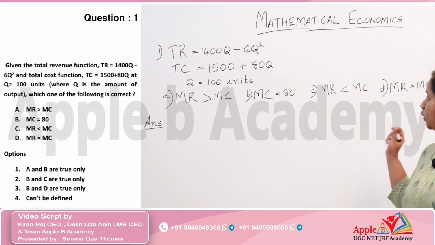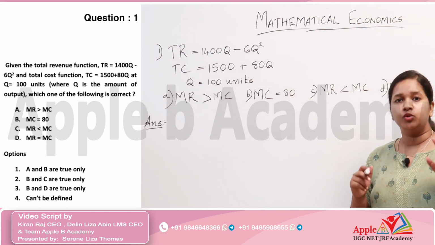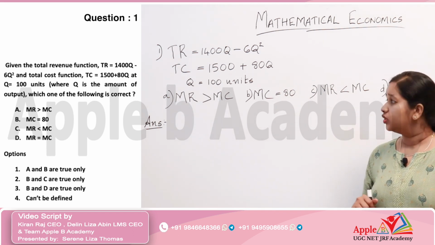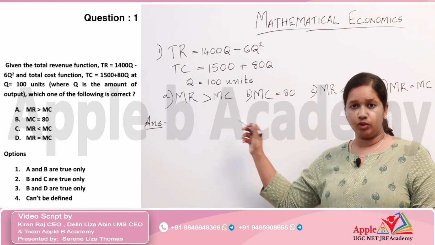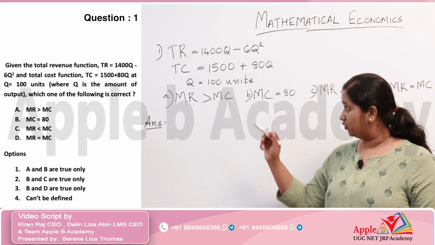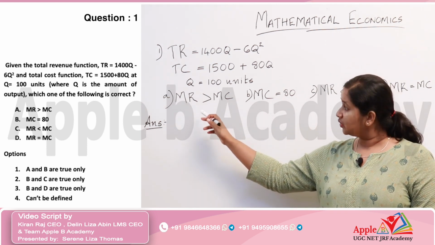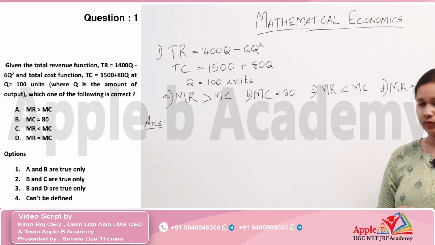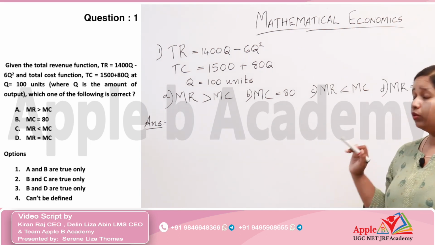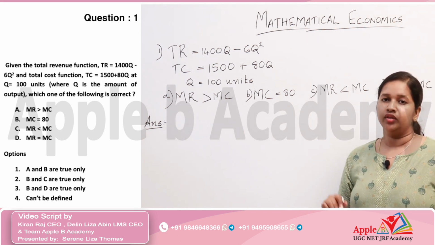Now we need to look at the options and choose the correct ones. In the options we can see marginal revenue and marginal cost. The first option is MR greater than MC, second one MC equal to 80, third one MR less than MC, and fourth one MR equal to MC.